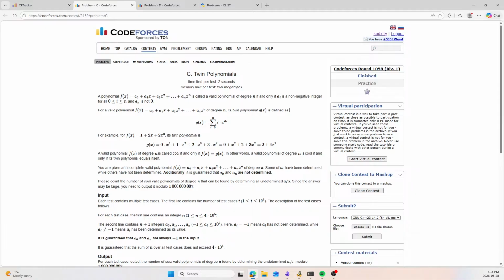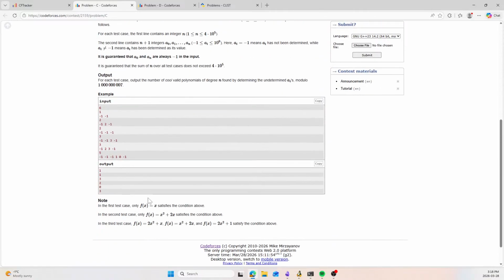I mean, this doesn't seem terrible, but it's probably terrible. And it's open solution. It is guaranteed that this is always -1. Why would you guarantee that? Oh, guaranteed that it's always -1. It can always be whatever you want.